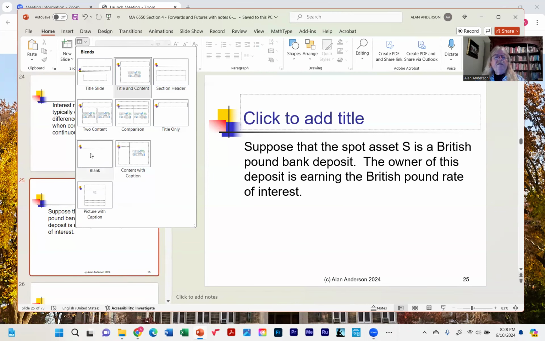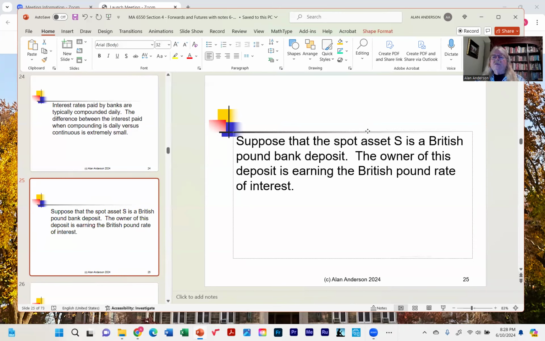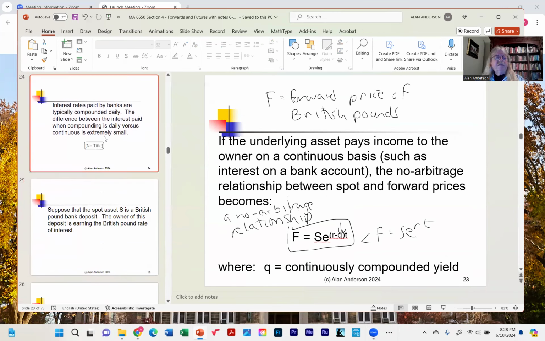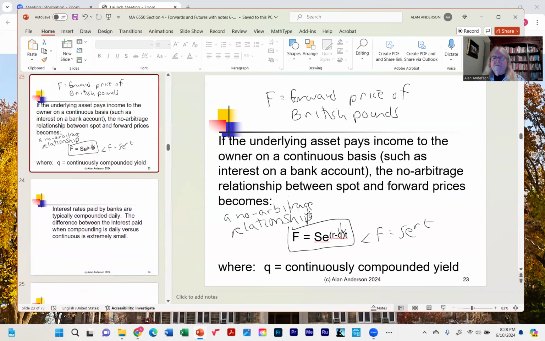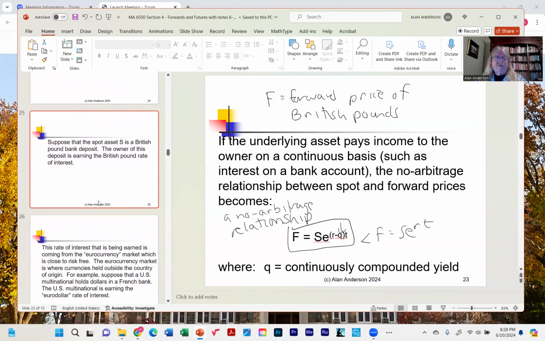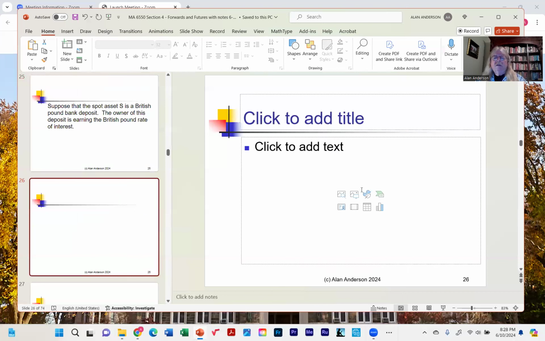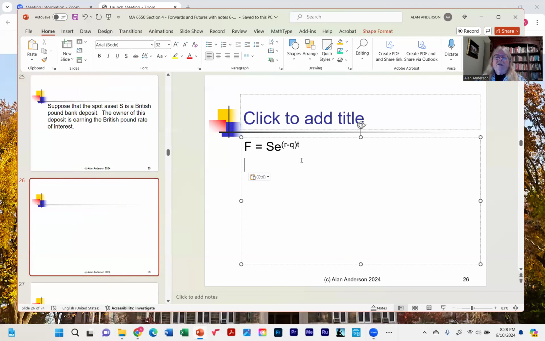By the way, when this specifically refers to currencies, this formula has a special name. So remember, this applies to any case where the asset provides a cash flow. But if it does specifically refer to a currency, then this formula has its own special name.